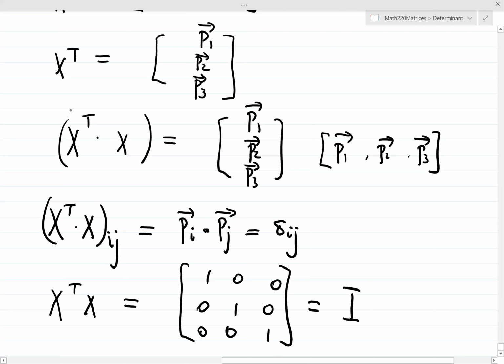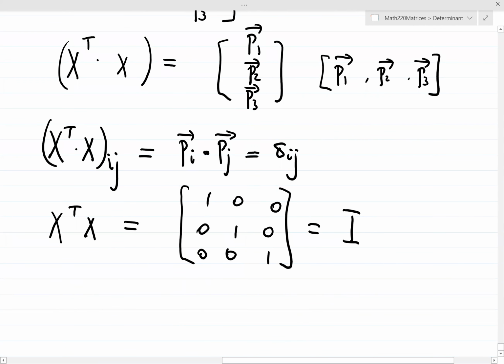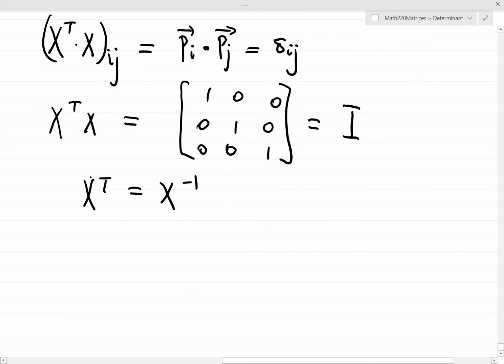So this tells us that X transpose is actually X inverse. If we know the column vectors are orthonormal vectors, then X transpose equals X inverse. So, theorem.